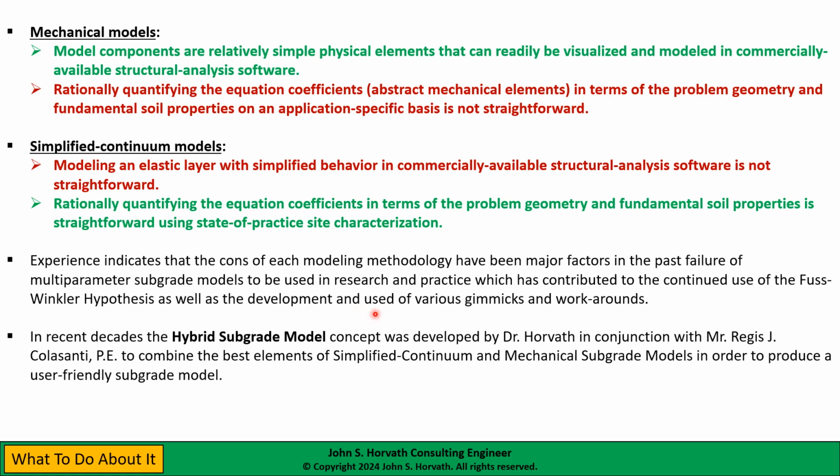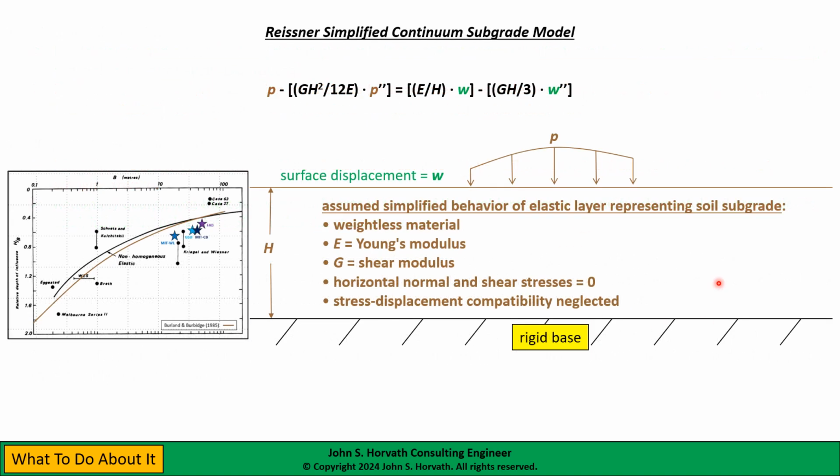And this is to simply cherry pick and combine the best elements of the simplified continuum and mechanical subgrade models in order to produce a user-friendly subgrade model. So the hybrid subgrade model approach uses the pros from both of these, and we eliminate the cons from both of these. So it's the best of both worlds.